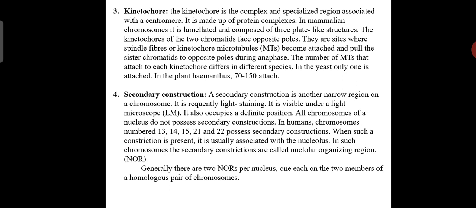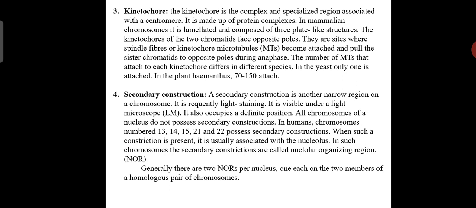So the kinetochore is a complex and specialized region associated with the centromere. It is made up of protein complexes. In mammalian chromosomes, it is lamellated and composed of three plate-like structures.